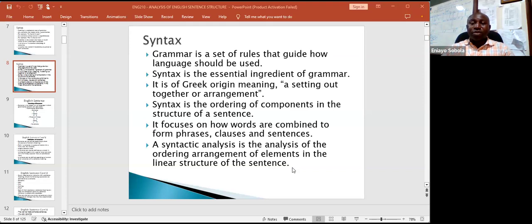It's part of the structure that will enhance you on how to handle grammatical issues, and you do it successfully. So any question? If you have any question, just indicate with the raise of hands.